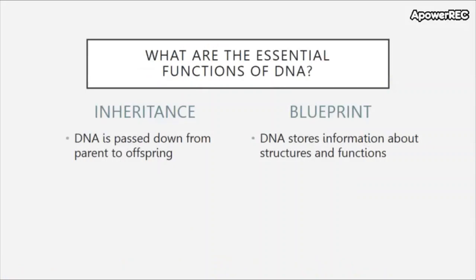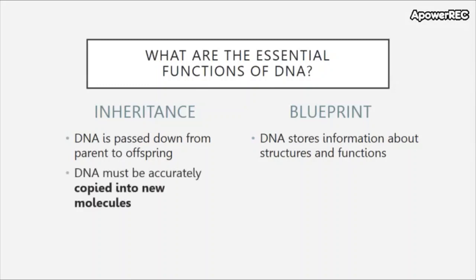So what are the essential functions of DNA? Well, DNA is important for inheritance. So DNA is passed down from parent to offspring. And in order to do so, DNA must be accurately copied into new molecules. This is called DNA replication. DNA is also important in that it serves as a blueprint. So DNA isn't just like a picture on the wall that's nice to have there.